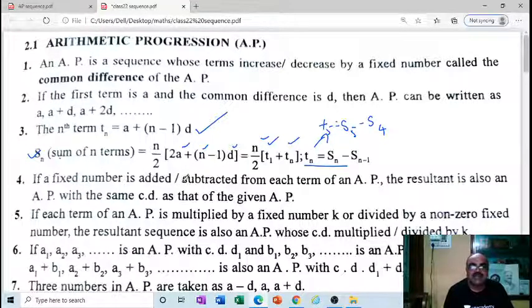Very important term to be remembered to know AP properly. You can add or subtract that fixed number and that will result in a series with the same common difference.